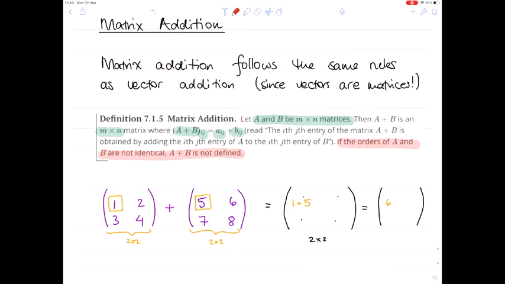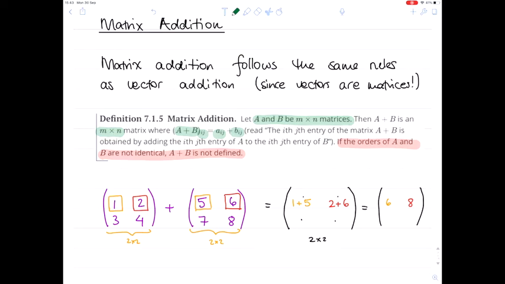And then we take our 1, 2 entry, first row, second column from the first matrix, and our first row, second column entry from the second matrix, and we're going to add those. And that's going to give us 8.